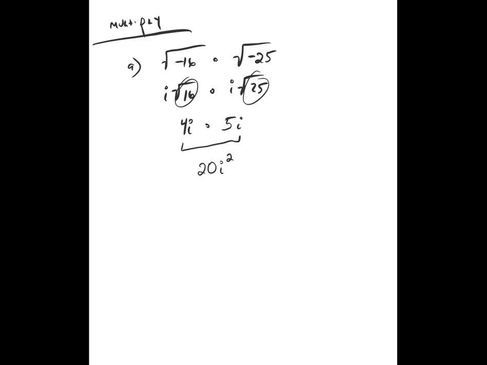And now we have one last step. We talked about this number i, what it meant: i to the power of 2 equals negative 1. So now we have 20 multiplied by negative 1, and we see this answer to be a negative 20. Because at the very beginning when I talked about the number i, I told you that i squared, i to the power of 2, equals negative 1.